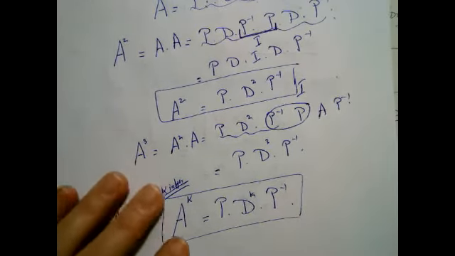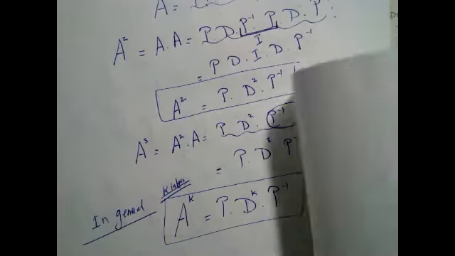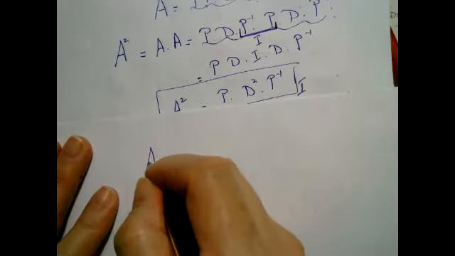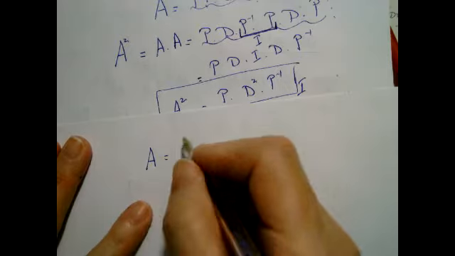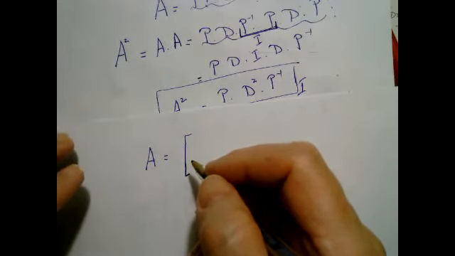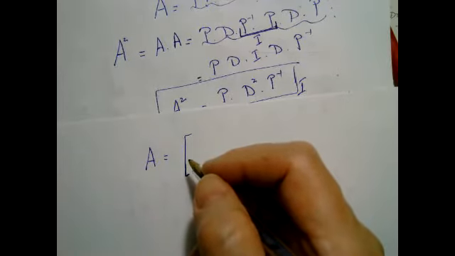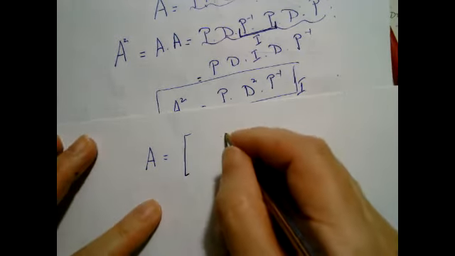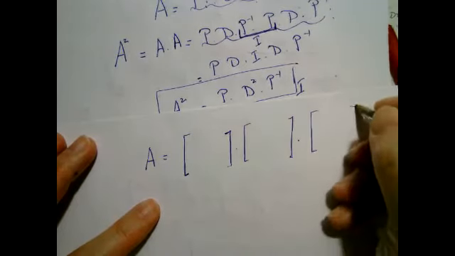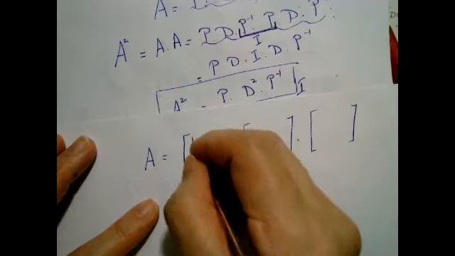So let us say I have the following matrix A. Suppose I have a matrix A, and I can write it like this, and very soon we're going to see how we do that.